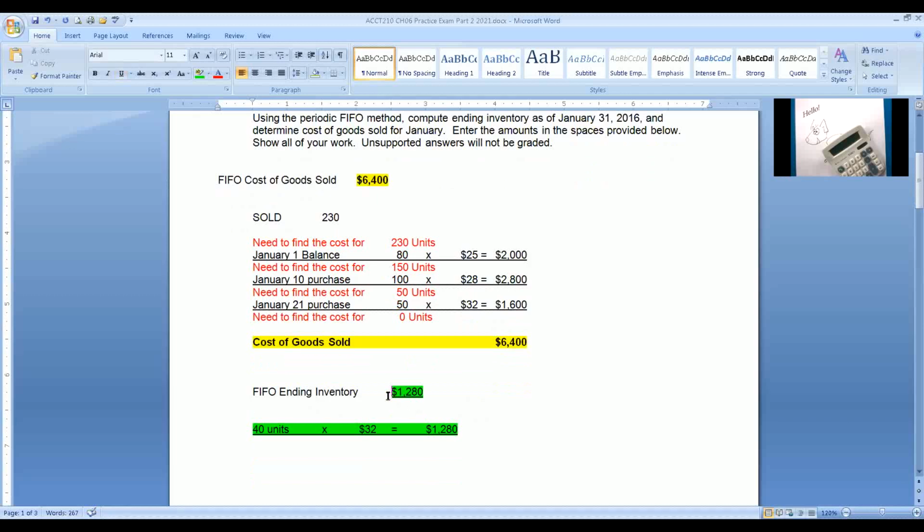And so these are the goods that were sold.